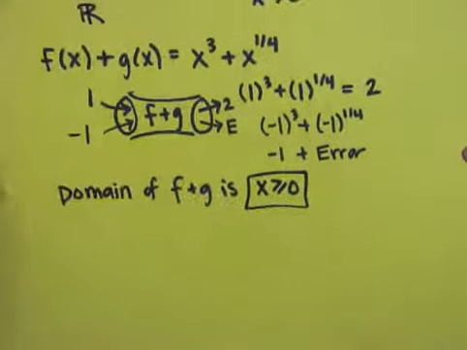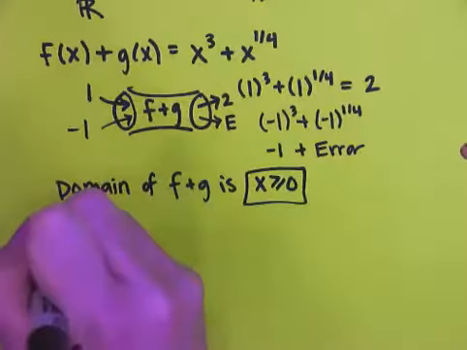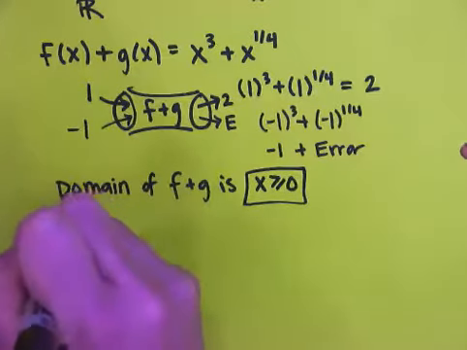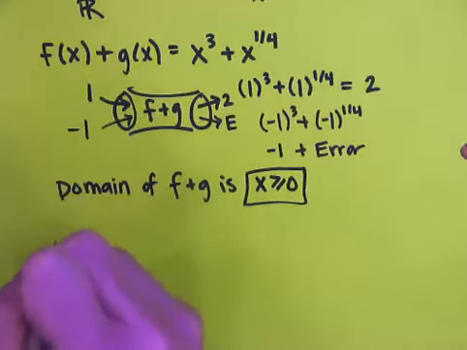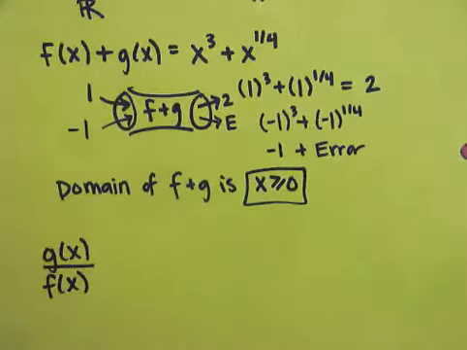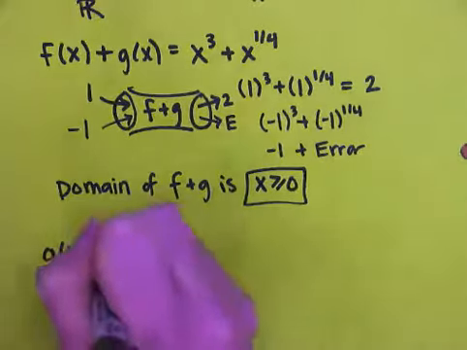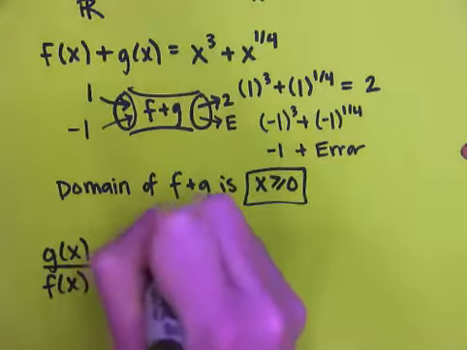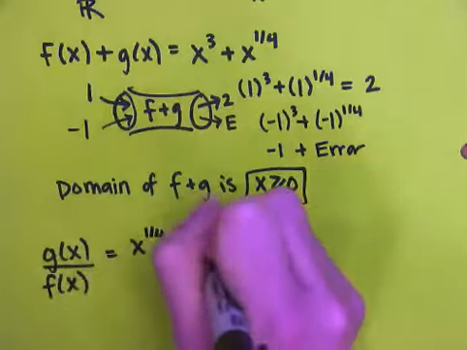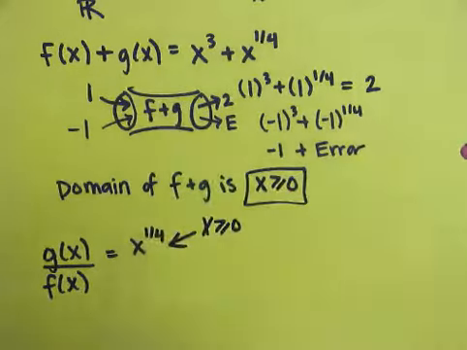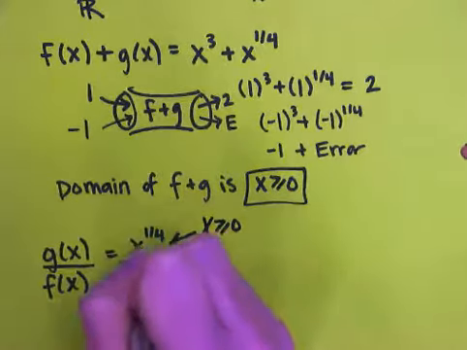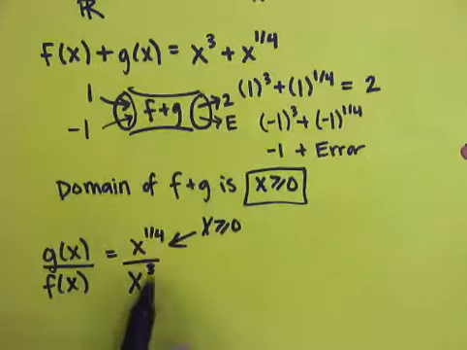Now it gets a little trickier if we have division, let's say. Let's say I have g of x divided by f of x. This sort of adds one more level of difficulty. The reason is g of x is x to the 1/4, so we know here the domain is x is greater than or equal to 0. Dividing by x cubed in and of itself doesn't have any domain issues.